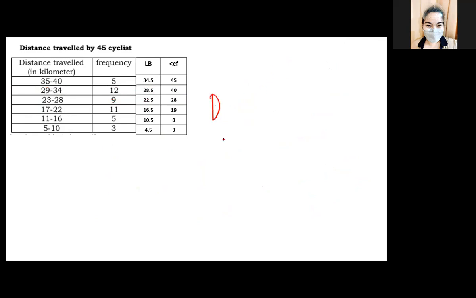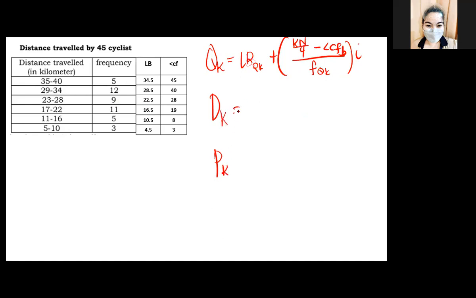decile at sa percentile. Kung si Q sub k ay equal sa lower boundary of Q sub k plus the locator, which is k times n divided by 4 minus the cumulative frequency below divided by the frequency of the Q sub k class times i, si D sub k at si P sub k, or si decile at si percentile, pareho lang din ang process ng gagawin.